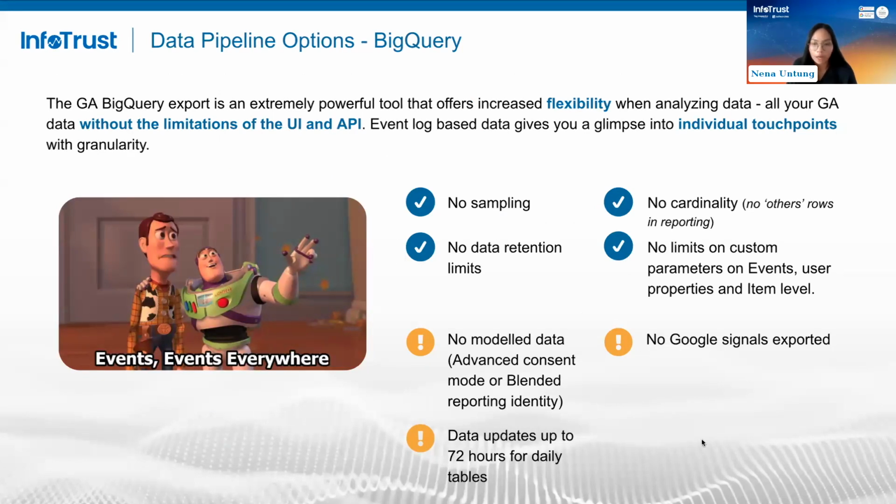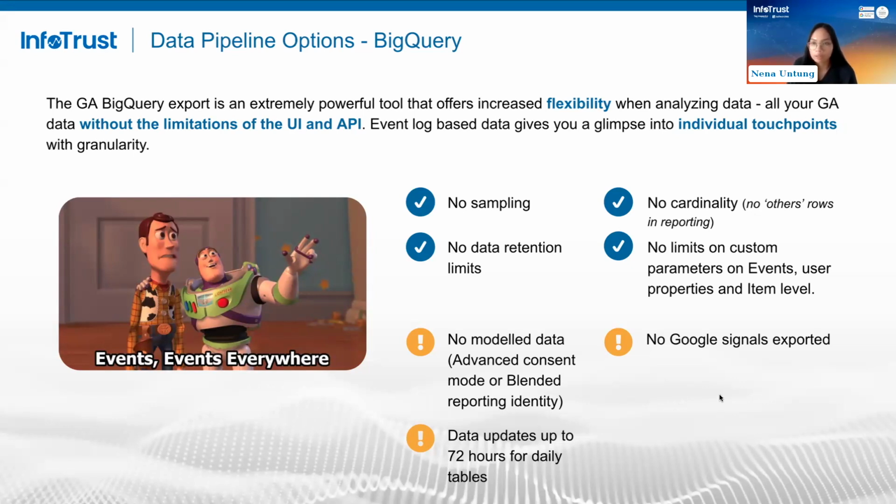I do want to flag that there are some caveats here, which I mentioned a little bit earlier, which is that any modeling or Google Signals data is not really available on BigQuery, since those use Google's proprietary modeling methodology, and it can't really be replicated on the BigQuery side. So there are some potential discrepancies there.